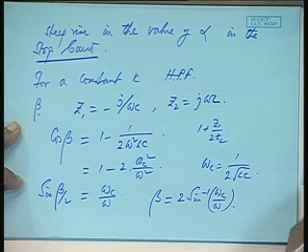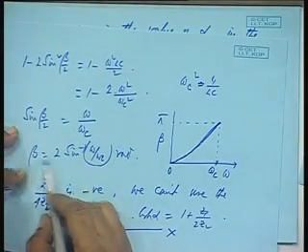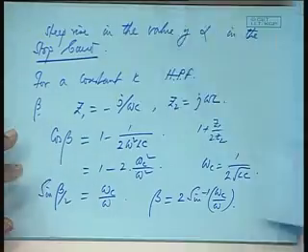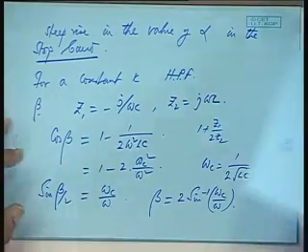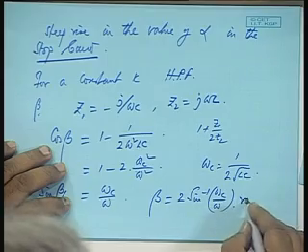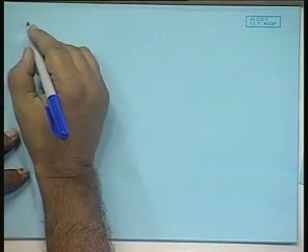If you look at the earlier expression for a low pass filter, it is 2 sine inverse omega by omega c radians, and now it is just the inverse of the other one, so many radians. Let us see the expression for alpha.